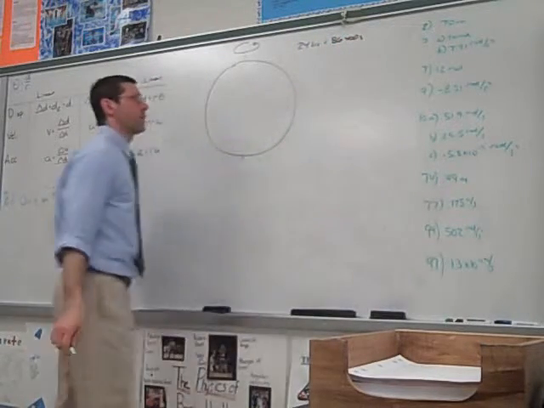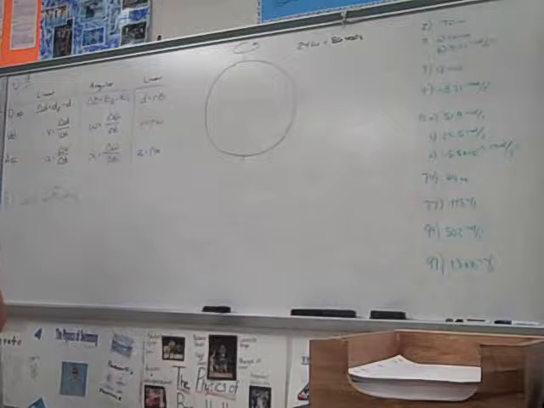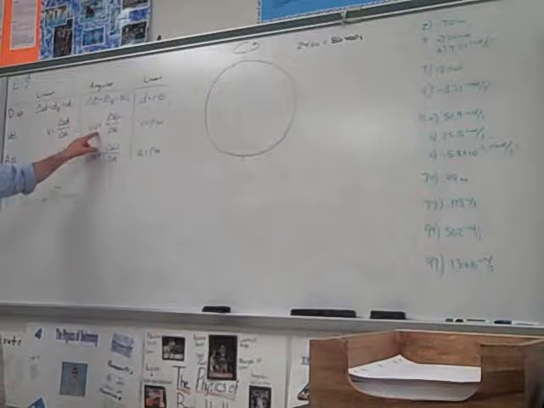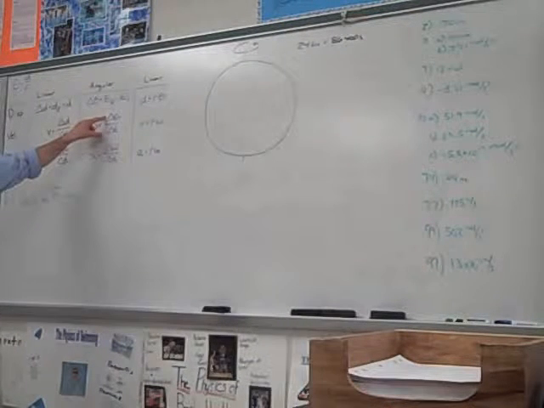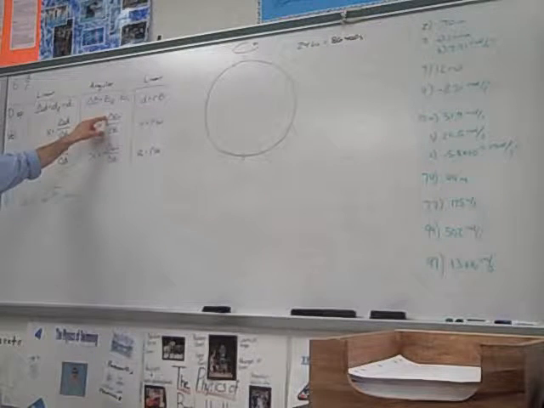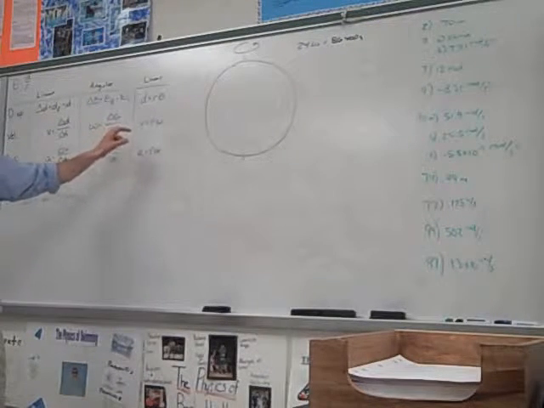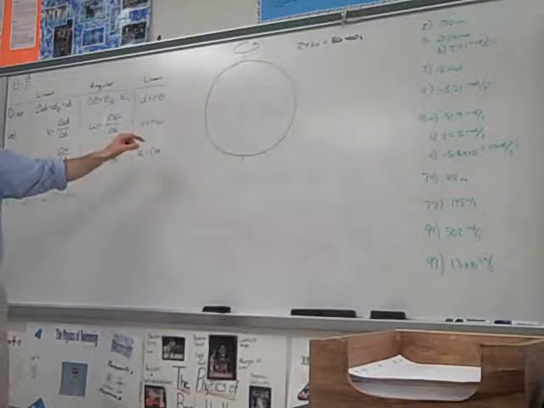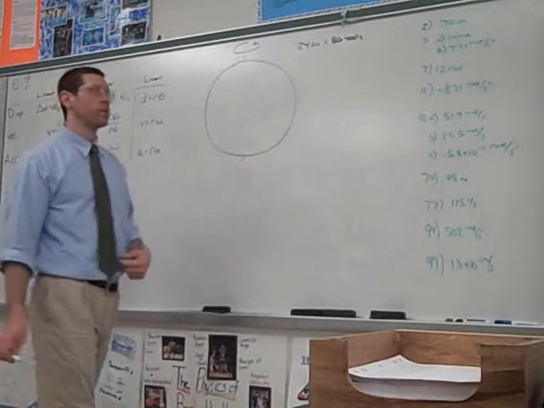So that's the time. To get the average angular velocity, you also need the angular displacement. How many radians does the Earth go through in one day? 2 pi radians.